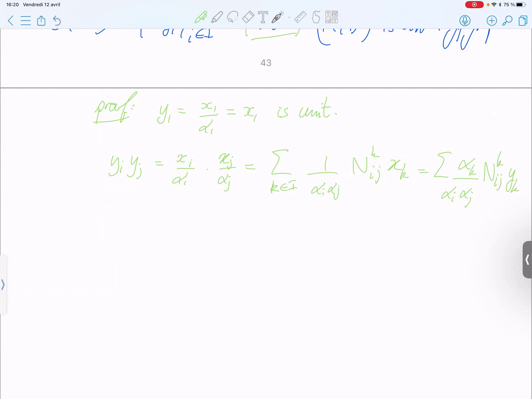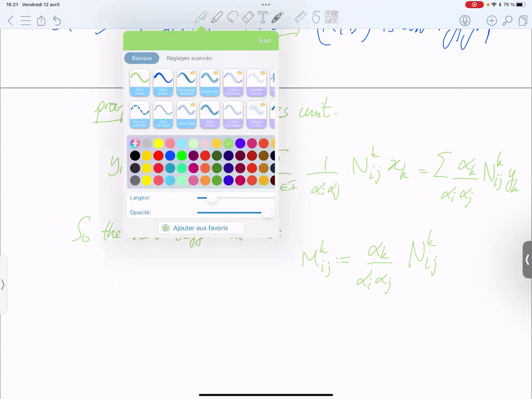So the new coefficients are alpha k over alpha i alpha j n_ij^k. This is a new coefficient.